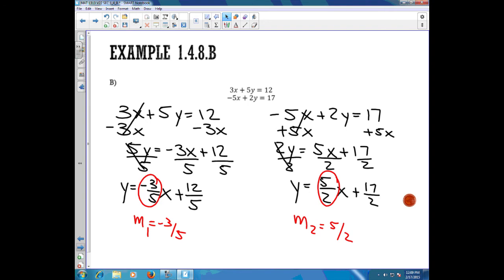So notice first that the slopes are not equal, so these lines are not parallel. And the slopes are not opposite reciprocals. If we flip the first slope over and change the sign, well, we get positive 5/3. So they're not parallel and they're not perpendicular. And so these two are neither.